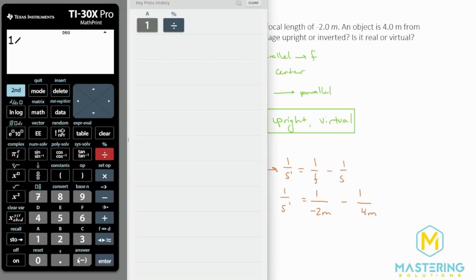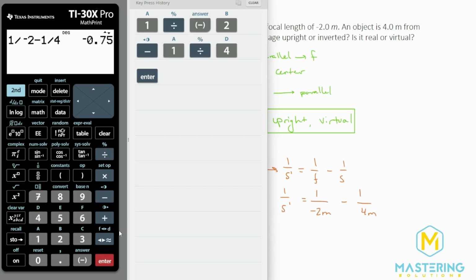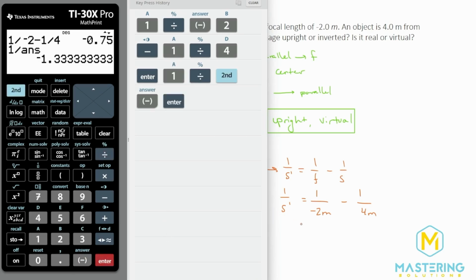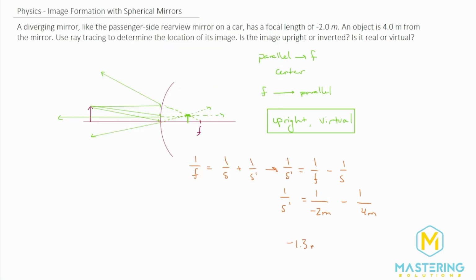So 1 divided by negative 2 minus 1 divided by 4 gives us negative 0.75, and this is in diopters. And so we need to take the inverse of that answer, which will give us negative 1.33 meters. And so the image will form at 1.3 meters from this diverging or convex mirror.